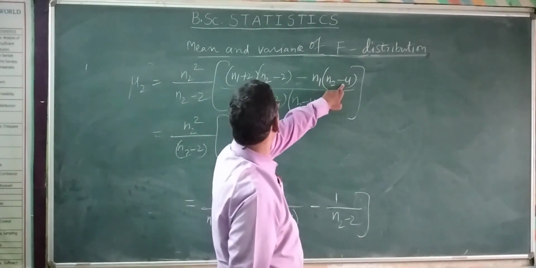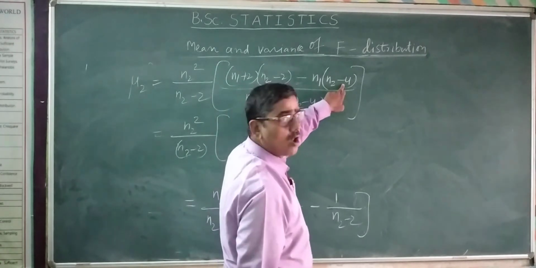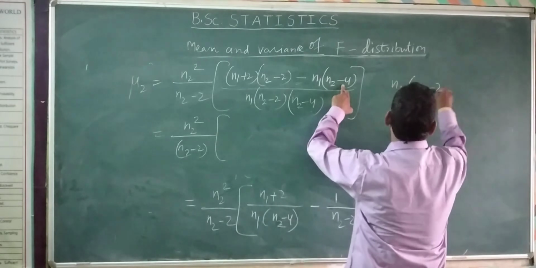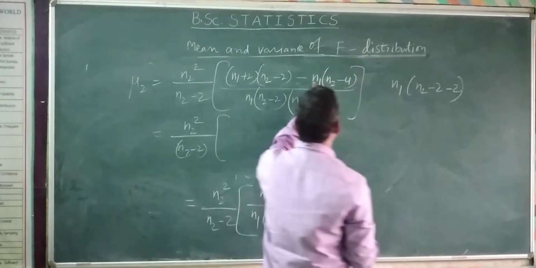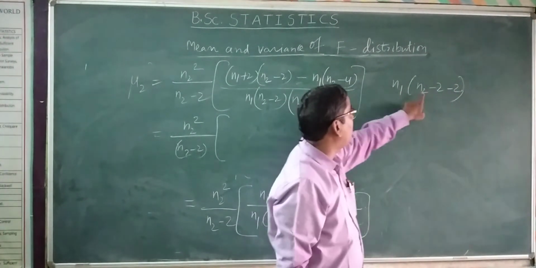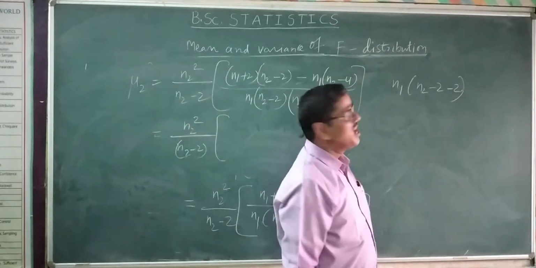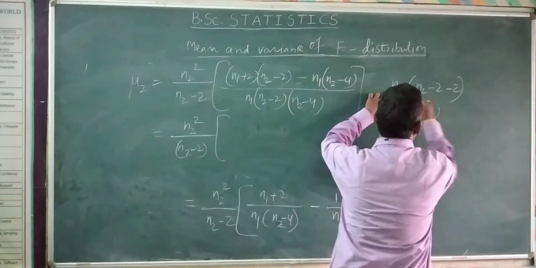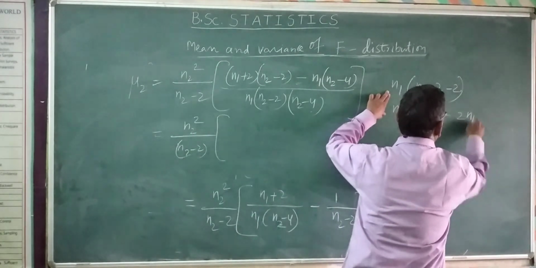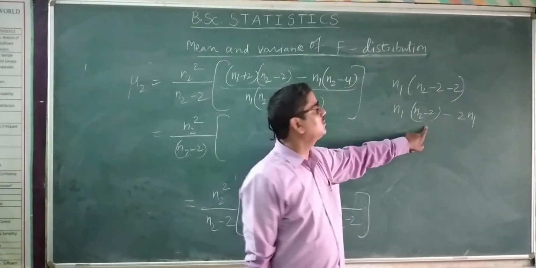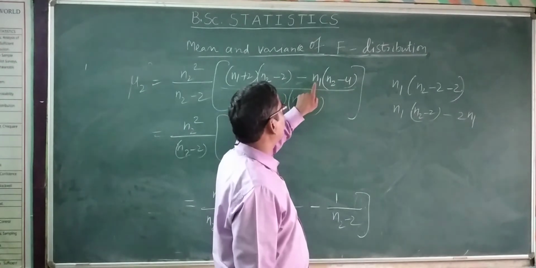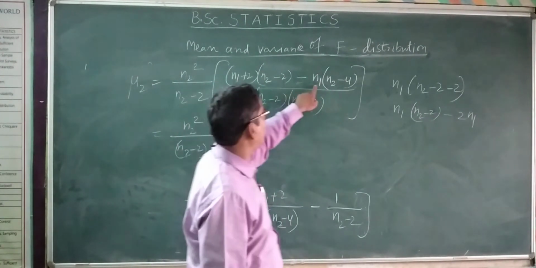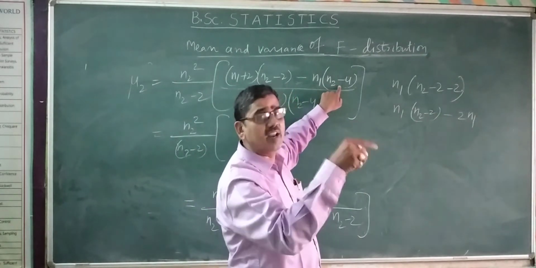Here I can write n2 minus 4 as n2 minus 2 minus 2. Do you understand? This term I am writing as n1 into n2 minus 2 minus 2 into n1, right? Do you understand this? To cancel, here we have n1 into n2 minus 2, and here also we have n1 into n2 minus 2.